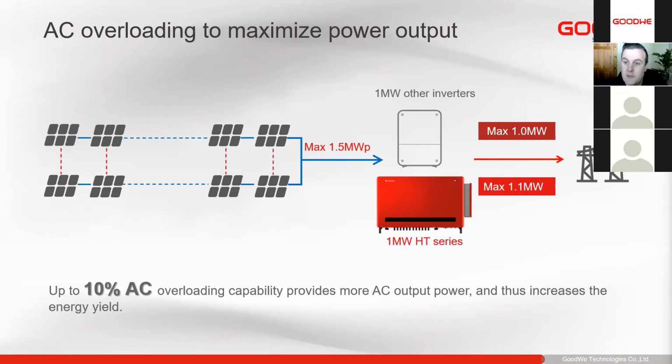Especially if you are DC oversizing for winter months or different months where you might have lower irradiation or higher temperatures, which will reduce the maximum irradiation you can get out of your modules, that DC oversizing does give you that benefit. And when your production is good, your inverters can give you that extra 10% output.